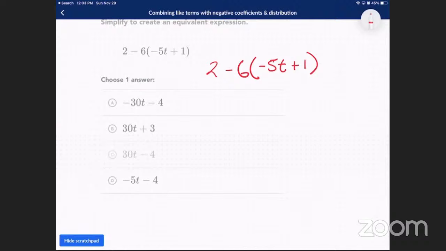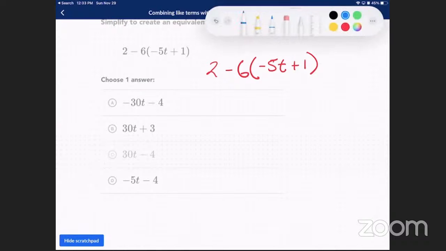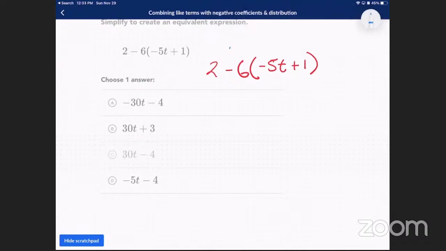Let's go ahead and distribute this. First, we're going to distribute these two. So a negative 6 times negative, no, well, does that work? Yeah. We end up with negative 30t. And then we have negative 6 over here times positive 1. I'm going to get a negative 6.